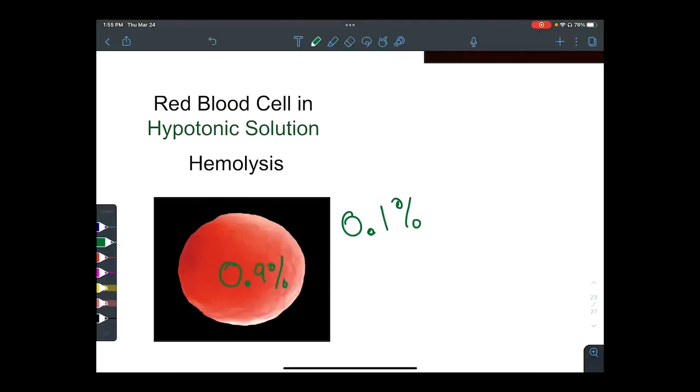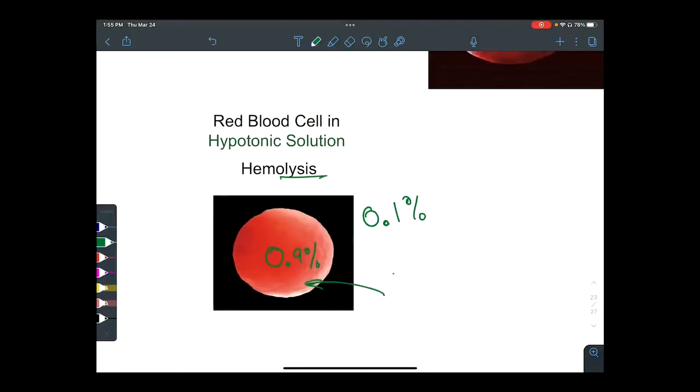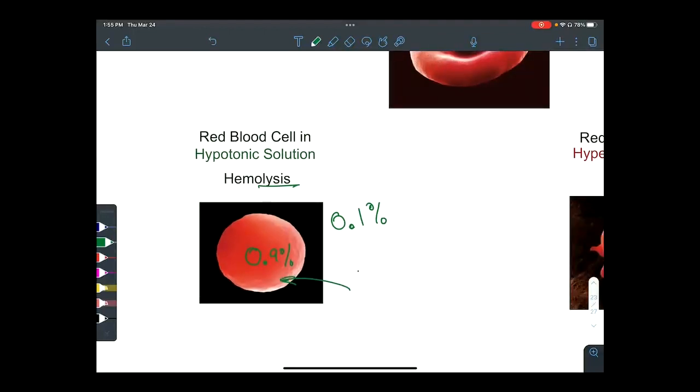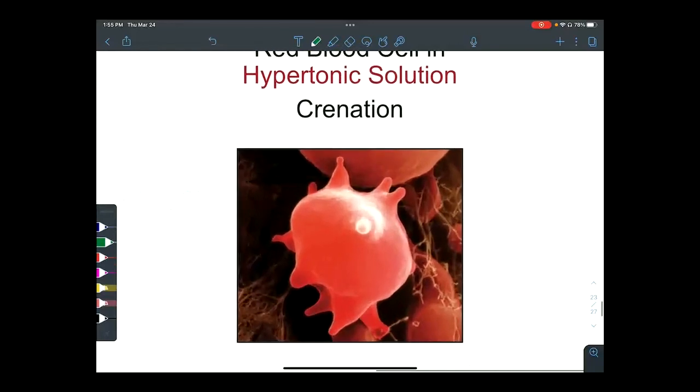So when you put a red blood cell into a hypotonic solution, the cell swells up with water and it explodes. This is called lysis. Yes, lysis, or hemolysis, but lysis for short just means explode or break in this case. So water will go into the cell.